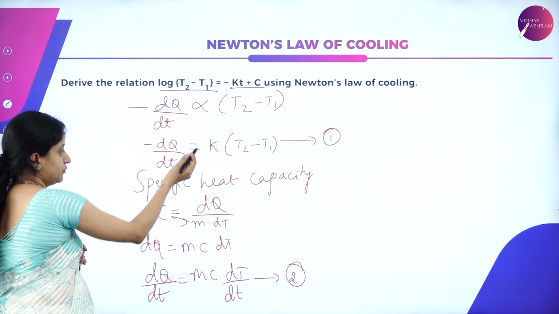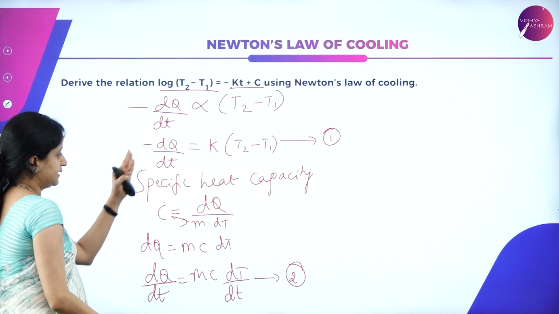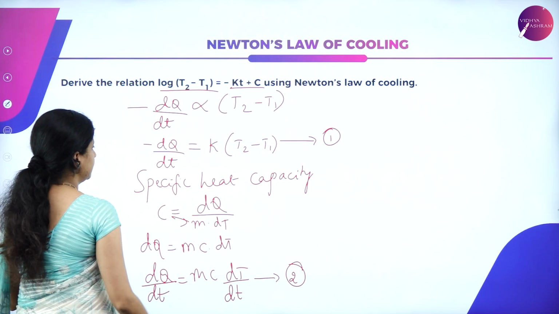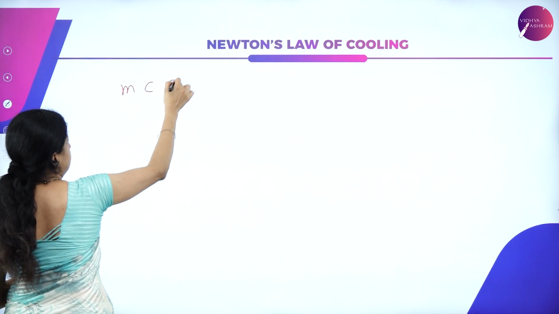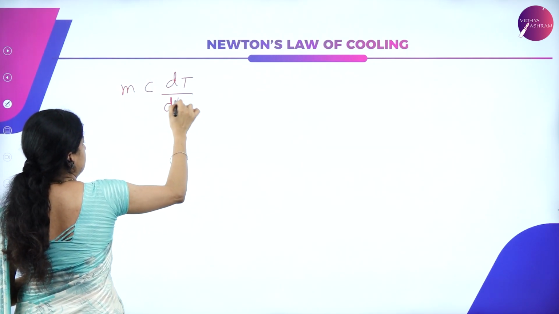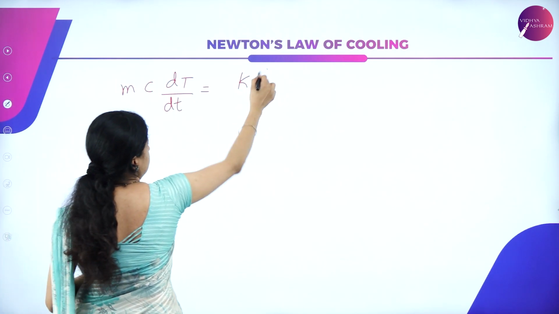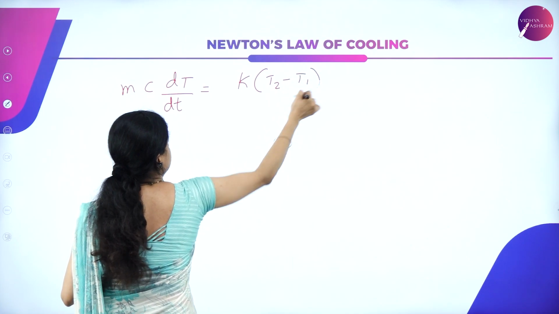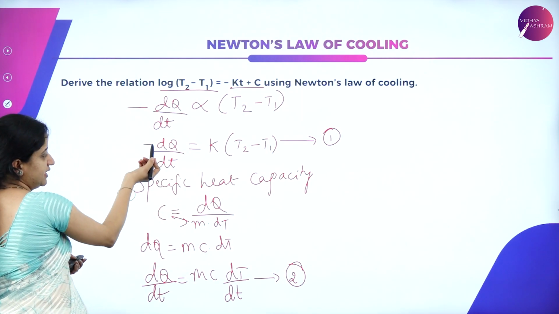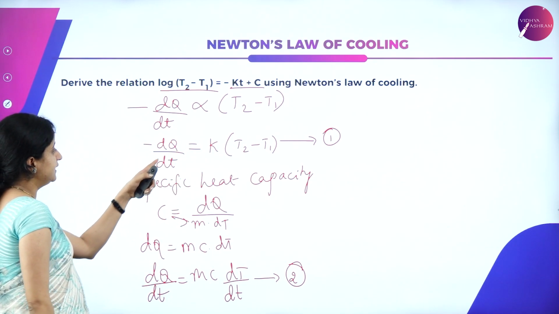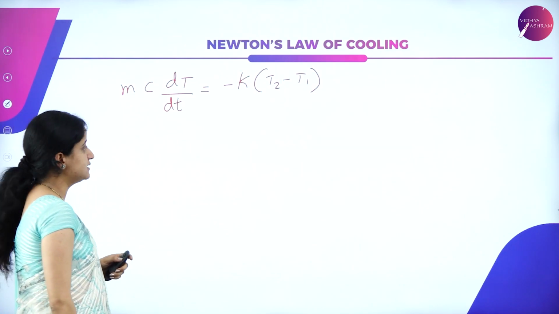Now compare equation 1 and 2, both the LHS are dq by dt. So we can now equate the RHS, and we get mc dT divided by dt is nothing but k into T2 minus T1 with a negative sign, because here we have minus dq by dt. This can be written as dq by dt equals minus k into T2 minus T1.